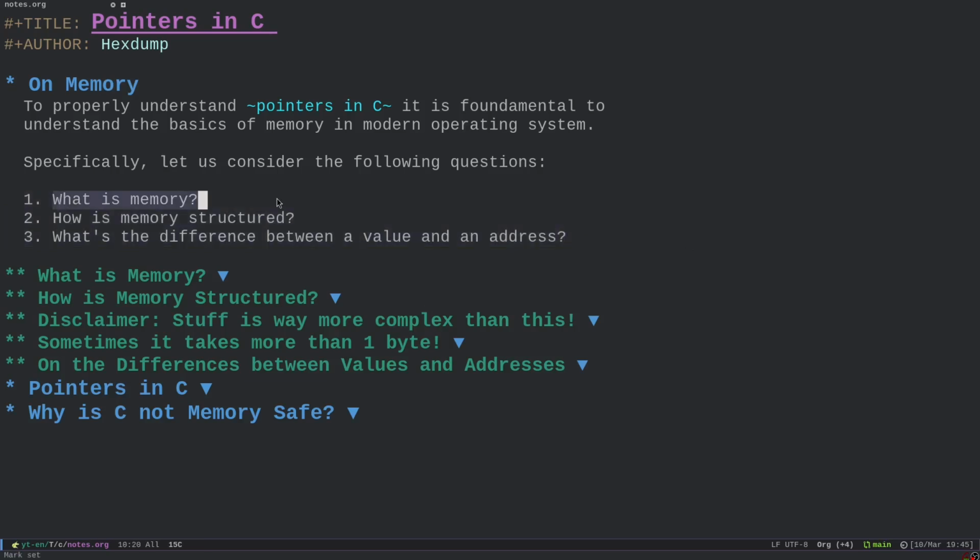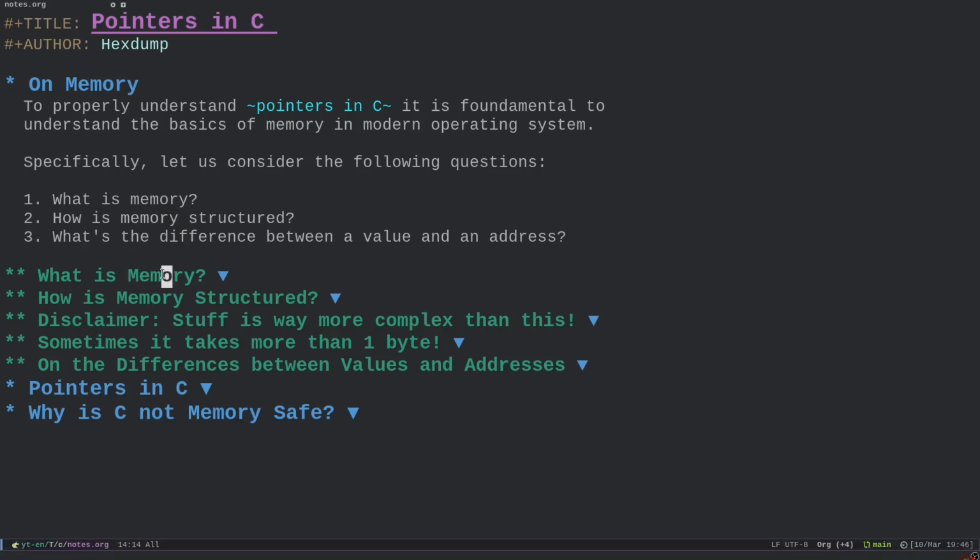First of all, what is memory? Second, how is memory structured? And third, what's the difference between a value and an address? So here we will go point by point to understand this fundamental concept, and once we have, we can actually see some C code and some pointers in the C language.